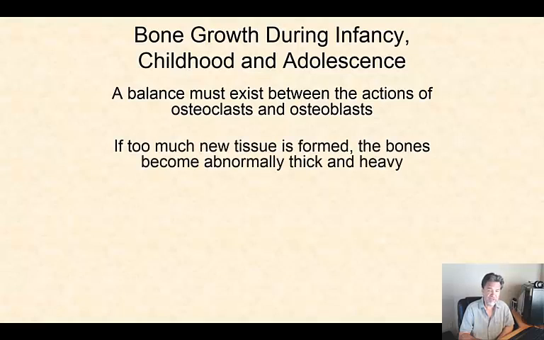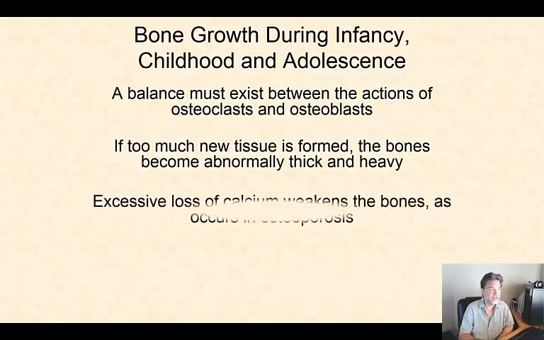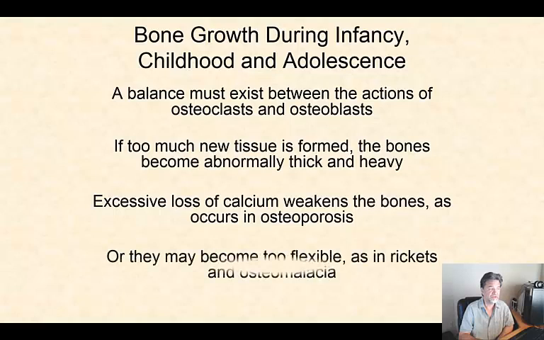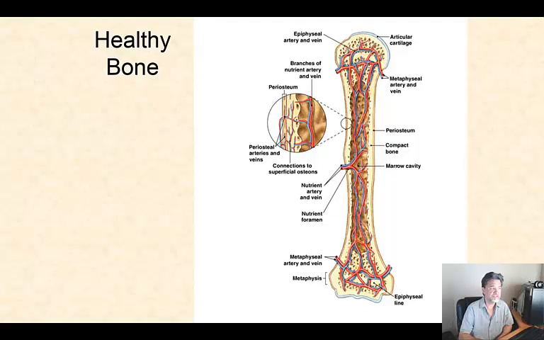If we get too much blast activity versus clast activity, our bones become too thick and heavy. Whereas on the other hand, we would end up with osteoporosis when osteoclast activity outpaces osteoblast activity. And you could get, if it's not too severe, conditions like rickets or osteomalacia.